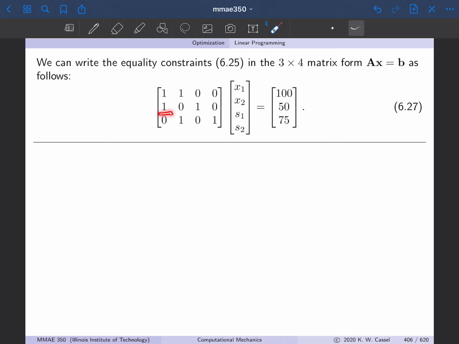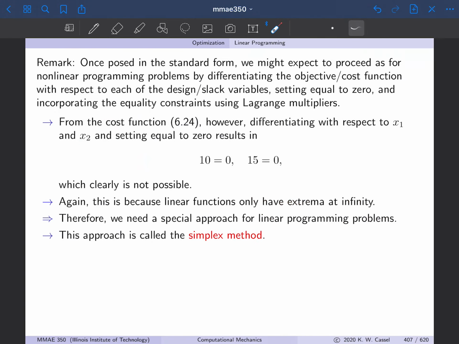So that means that x1 plus s1 is equal to 50, where we incorporate the slack variable. Similarly, for the third one, we have 1 times x2 plus 1 times s2 is 75. So that is the equivalent matrix form of the equality constraints. You'll notice that this does not include the objective function at all.